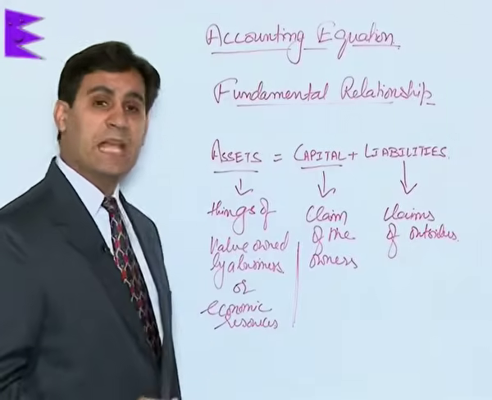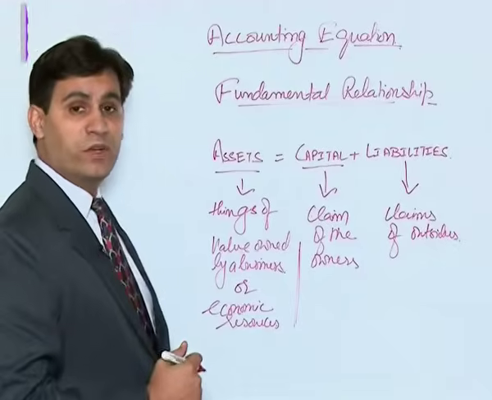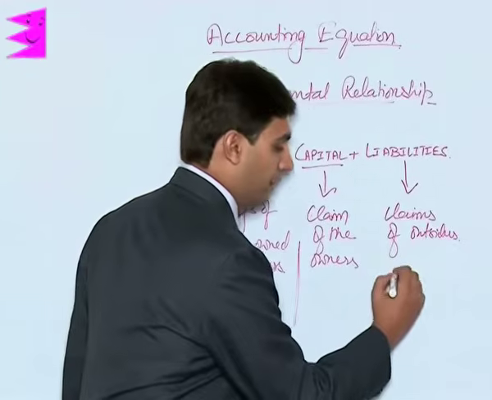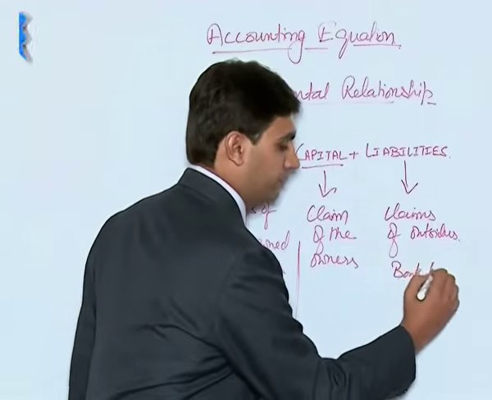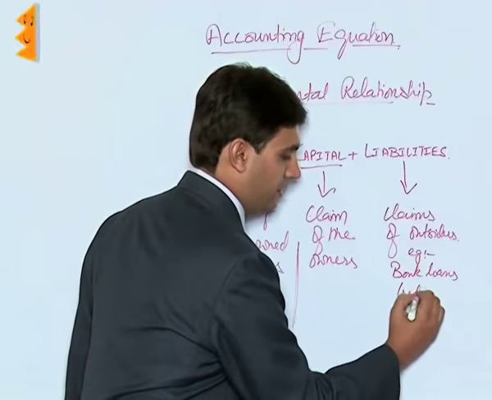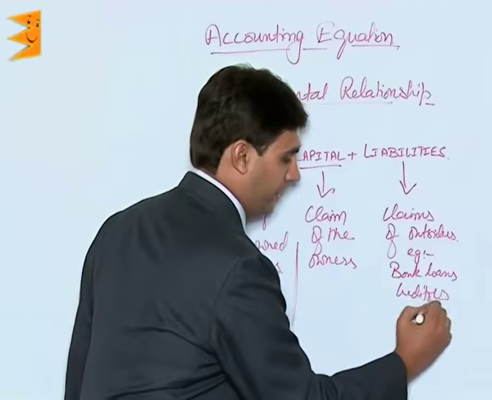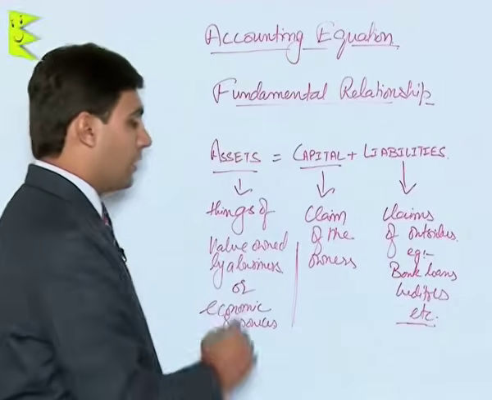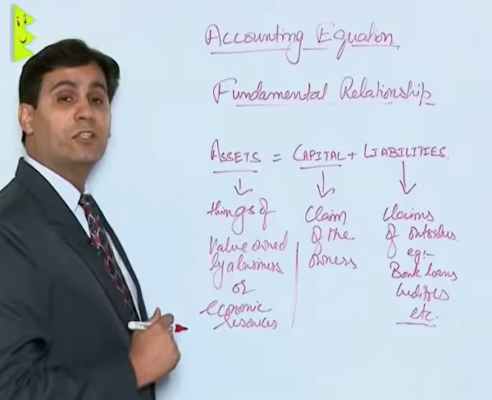Now let us take some examples. Liabilities are claims of outsiders, so they include bank loans, creditors, etc. Assets, they are economic resources.